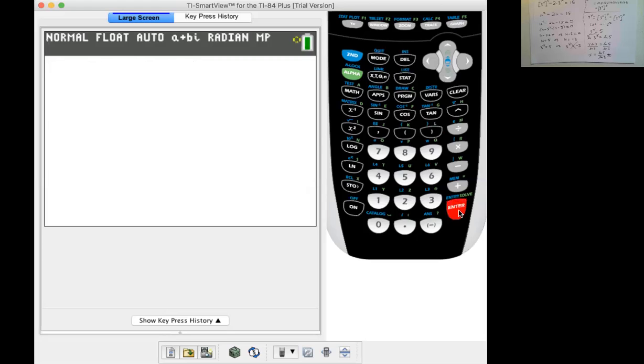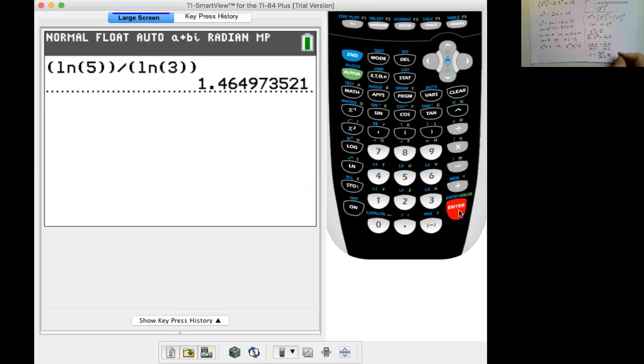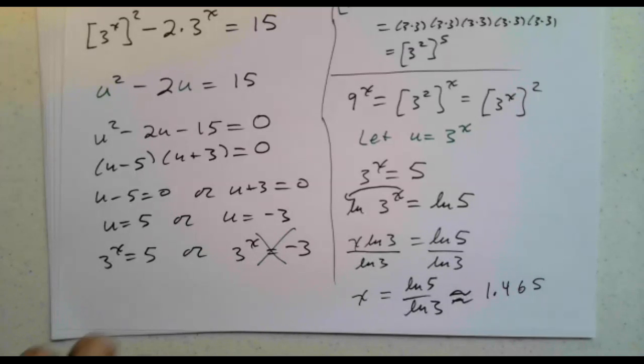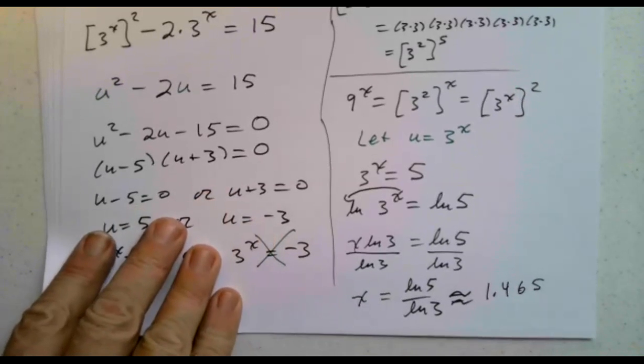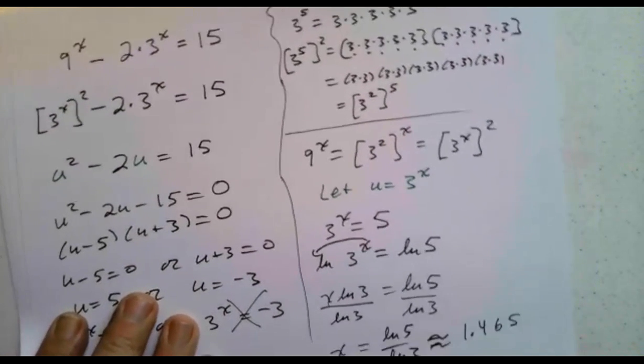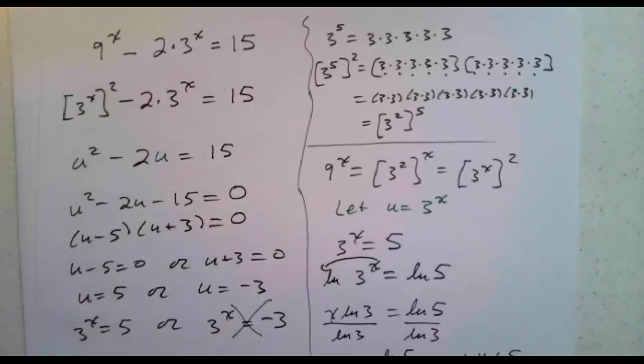And we get approximately 1.465. Now, I want to check that. So let's go back to our original equation here. So it's about 1.465. Our original equation at the top of the page was 9 to the x minus 2 times 3 to the x equals 15.